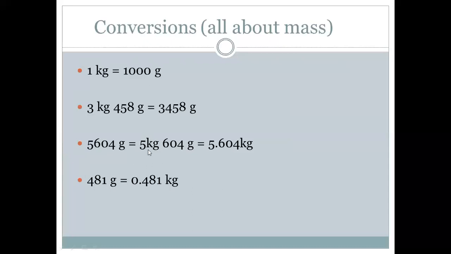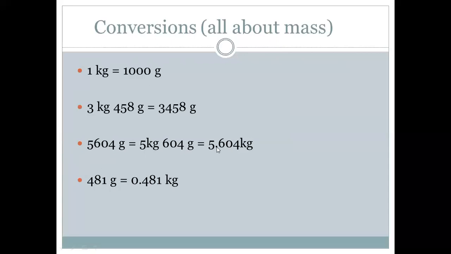Again, can I write down the same number, but in only kilograms? Yes, of course. Again, how many kilograms can I take from 5,604? How many thousands can I take? Yes, I can take 5,000. And then what am I going to do with these 604 grams? I'm going to write them as well, but as a decimal.